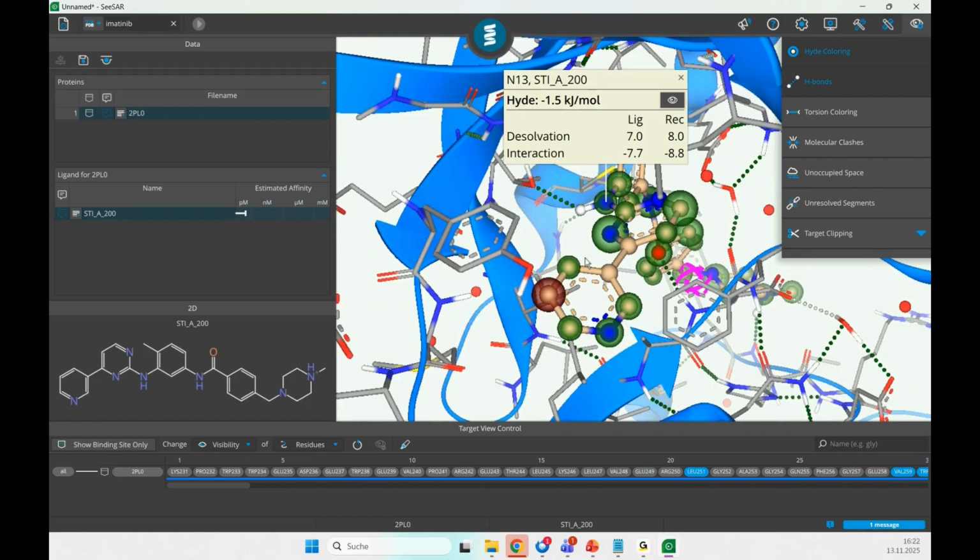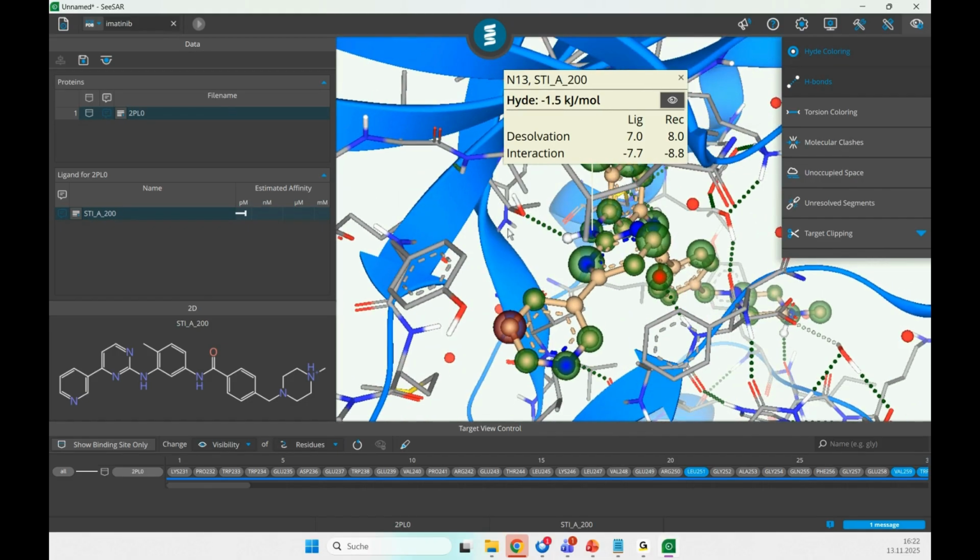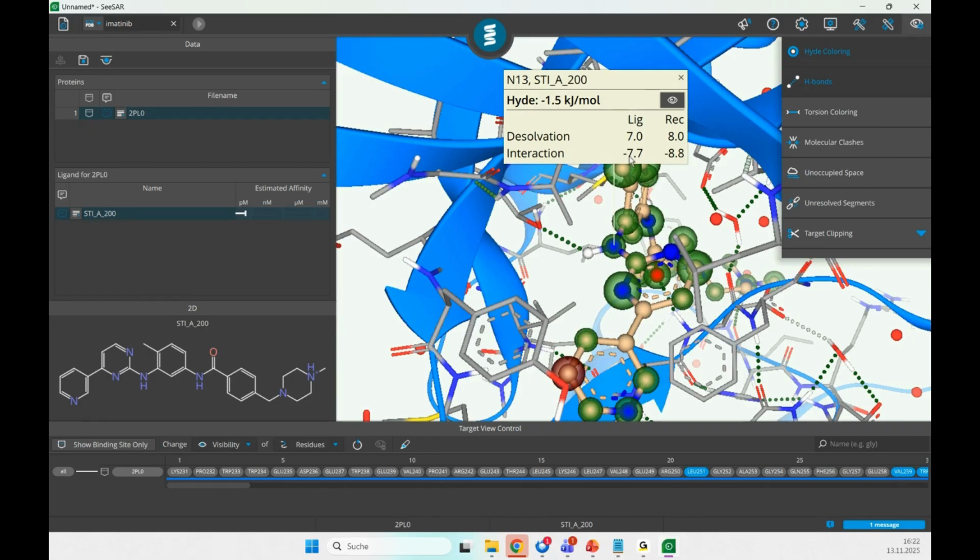We have a backbone here. We have not the backbone, but we have the hydroxy group of the threonine here. Again, we are paying 8 kilojoule as penalty. Yet though, since the ligand and the receptor, the target structure, are interacting, we are gaining some affinity back, which is higher compared to the water itself, which results in an affinity gain of 1.5 kilojoule per mole, indicated by the negative here.